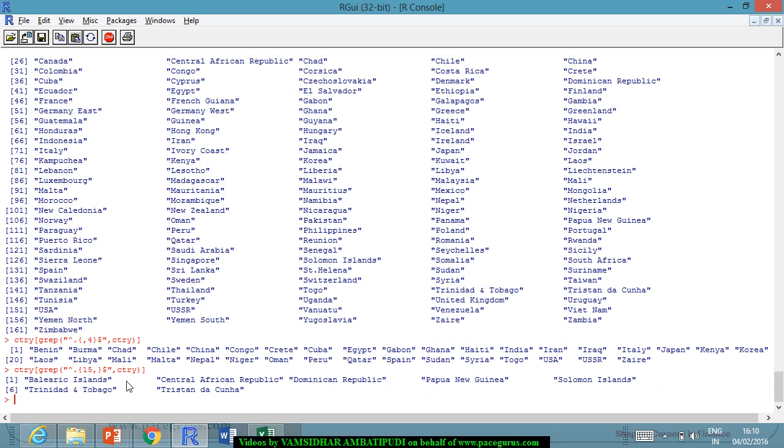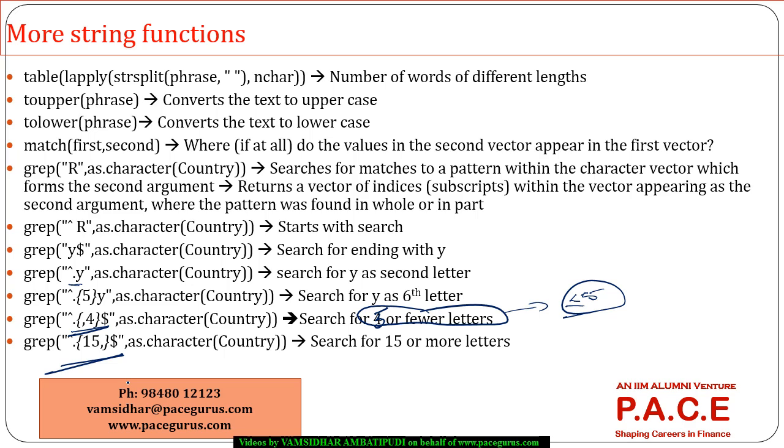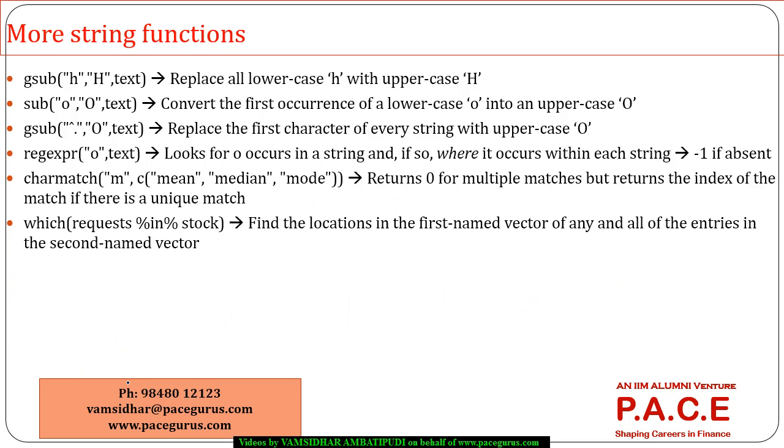This is where you get all the big names which are having characters above 15. All these grep related functions really help us in finding the specific number of characters, and based on those identifying the letters associated with a specific number of characters like this. A lot of string functions will help us in dealing with these aspects quite comfortably.